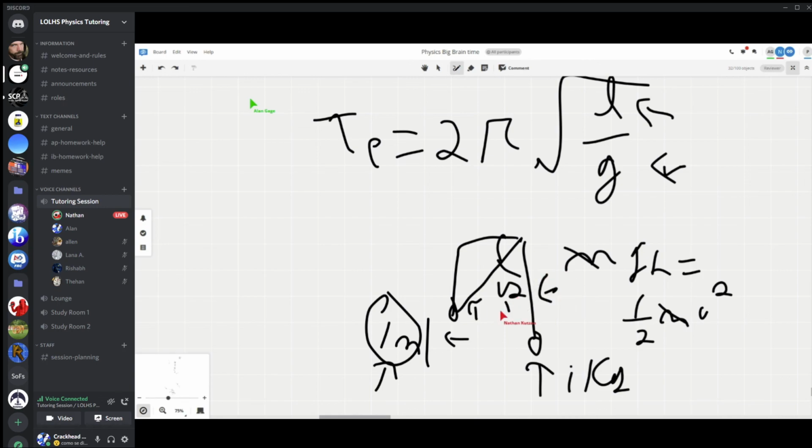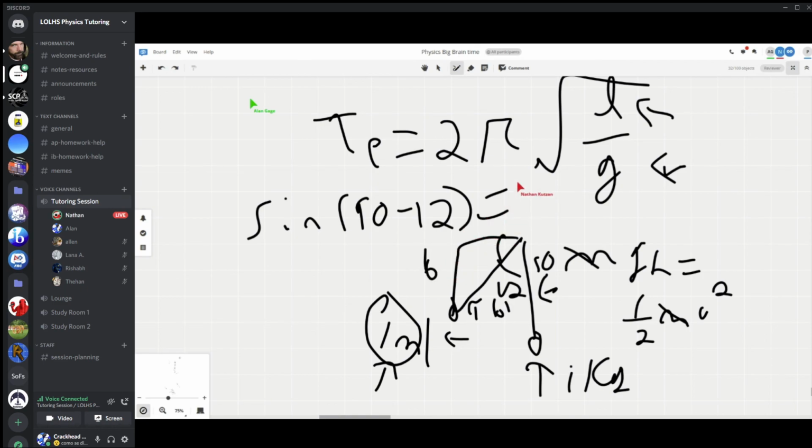It was 10 here. So you use the sine of 90 minus 12. I'm sorry, the drawing's getting cluttered, but that's a 90-degree angle there. So it'll be the sine of 90 minus 12, and Alan, correct me if I'm wrong anywhere in here, is equal to, let's say this is b, b over 12, and then solve for b.